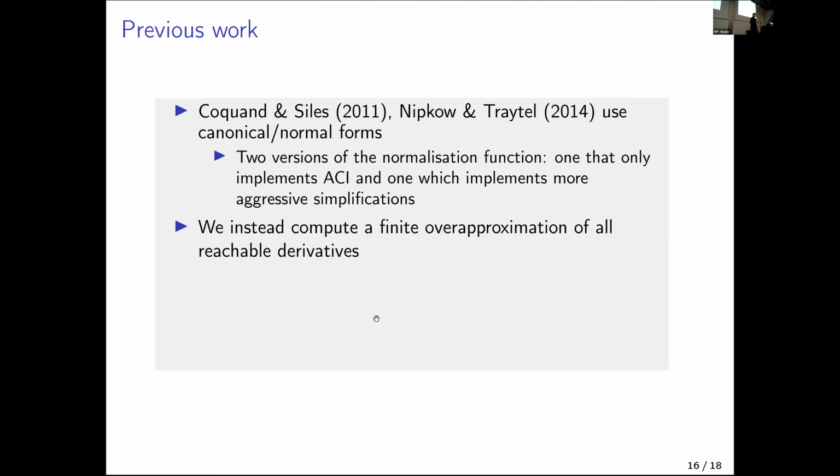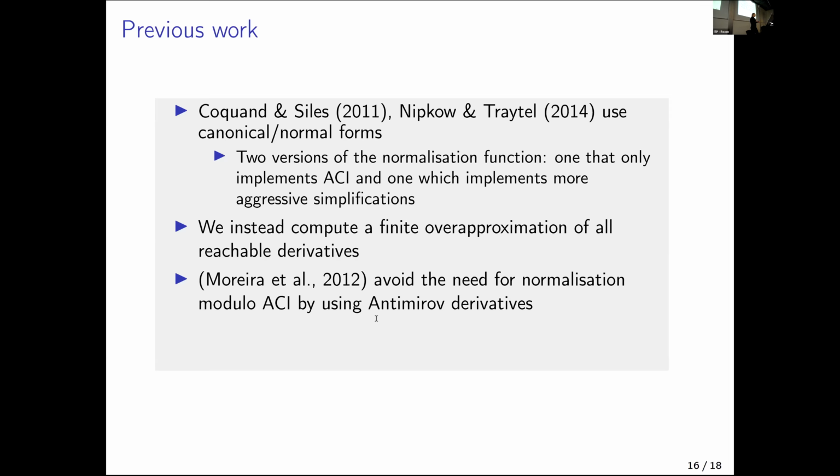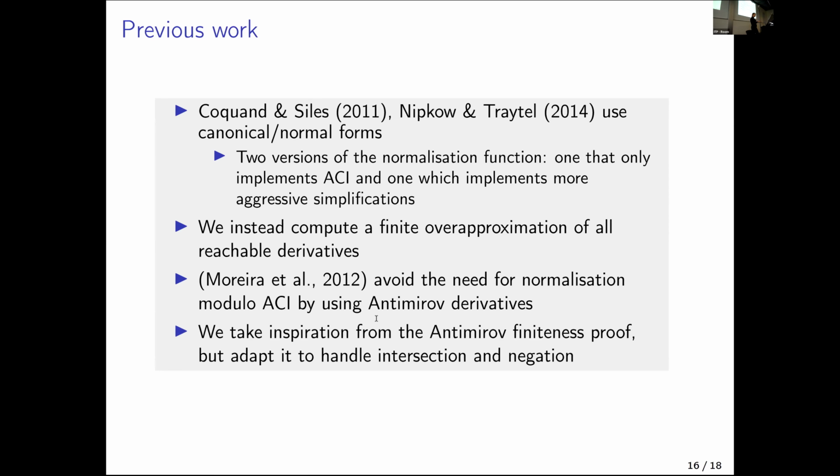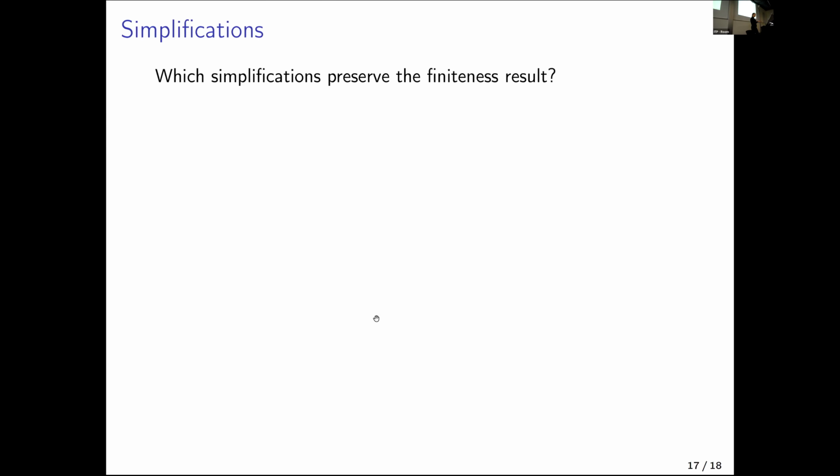So our strategy is, of course, to instead go down the route of having an over-approximation by following sort of Antimirov's definition and combining the two approaches. And one interesting question is, once you have the finiteness, which simplification rules can we actually include that preserve this finiteness result?